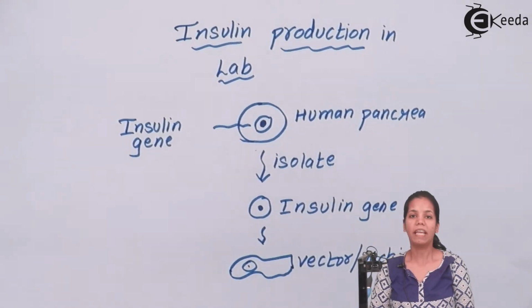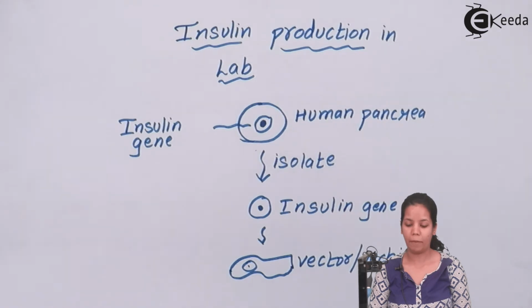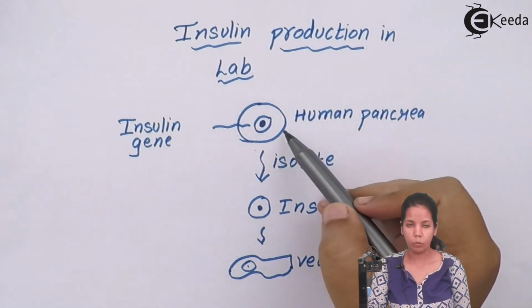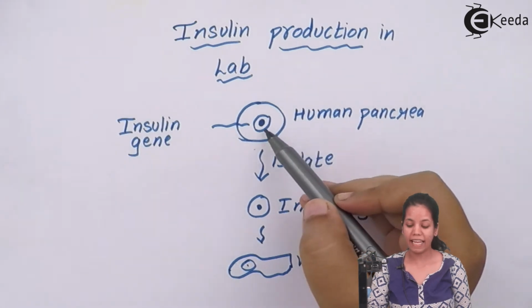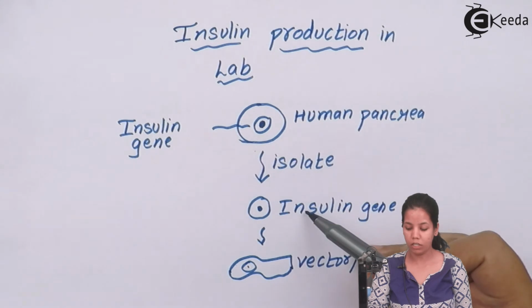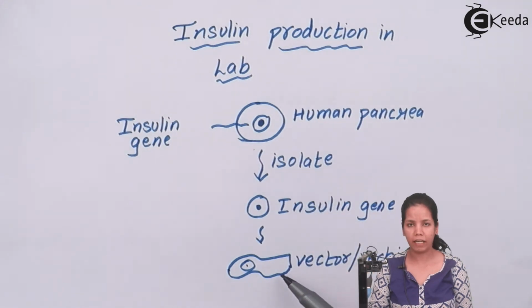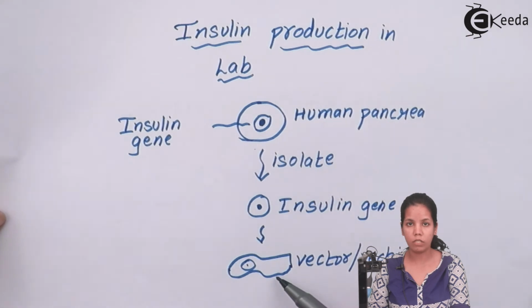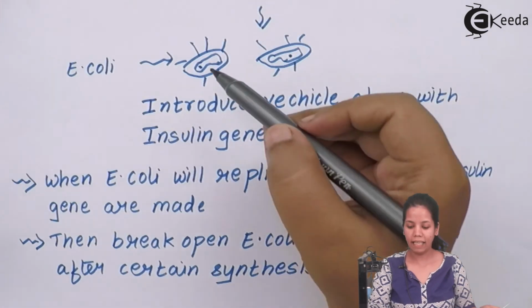Let us see how insulin was made inside the lab, or insulin production in lab. We took a human pancreas, and from that the insulin gene was isolated. This insulin gene was kept inside a vector or vehicle or plasmid. Now this insulin gene along with the vector was introduced into an E. coli.